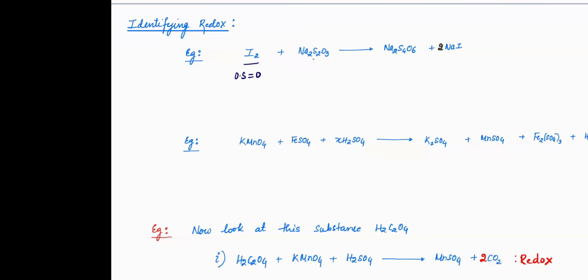Here we can have 2x, which is the sulfur, plus 2 times plus 1 because sodium is fixed. Oxygen in general is always fixed as minus 2. So that makes it 2x plus 2 minus 6 equal to 0. So x is equal to 2. So the oxidation state of sulfur is plus 2 here.